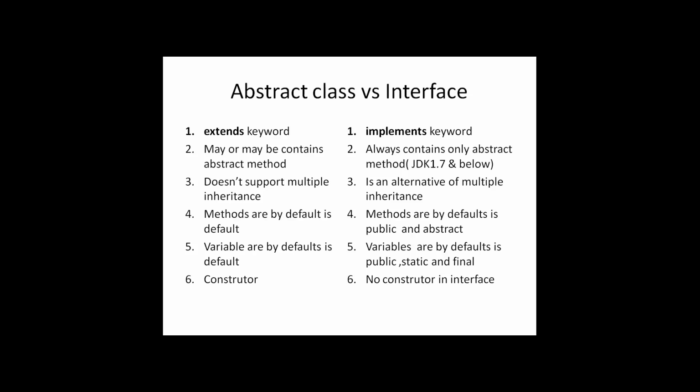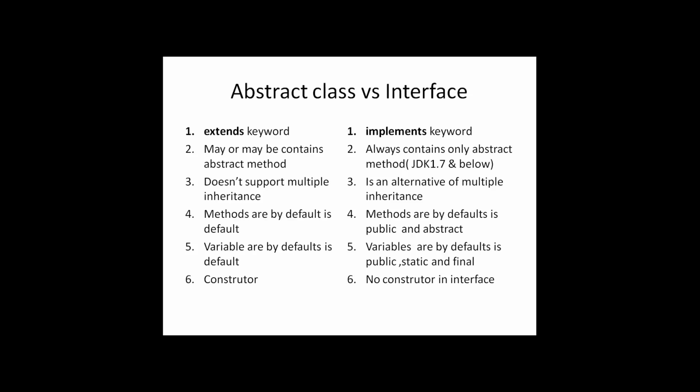Fourth difference is the default access modifier of methods. In a class, if we don't mention any access modifier, private, protected or public, it is considered default, or friendly. But in an interface, methods are by default public as well as abstract. No need to write the public and abstract keywords; in interfaces, it takes them by default.